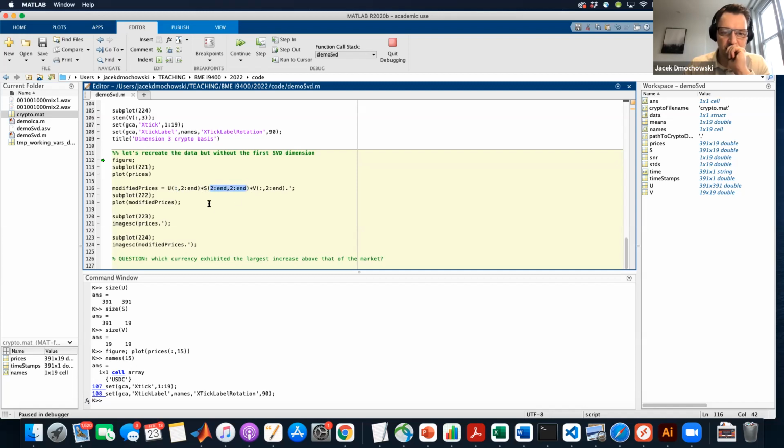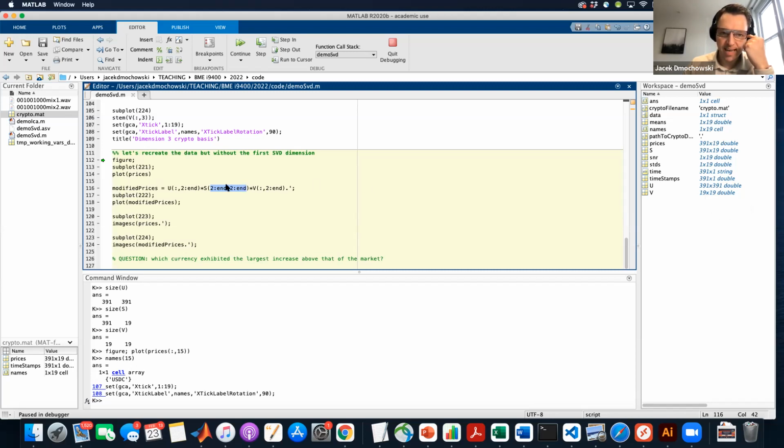Similarly, I'm taking the entire diagonal matrix S except for the first row and the first column. The size of S is 391 by 19, so I'm going to take rows 2 through 391 and columns 2 through 19. And V is a matrix that is 19 by 19. I'm going to take all rows and only columns 2 through 19.